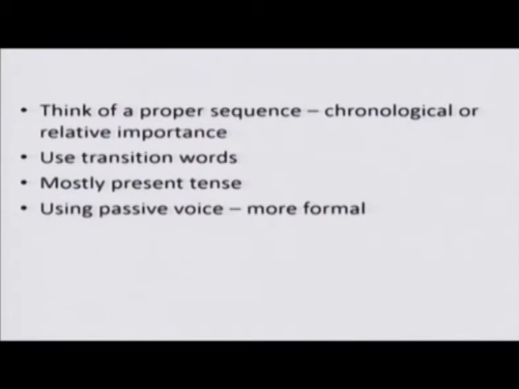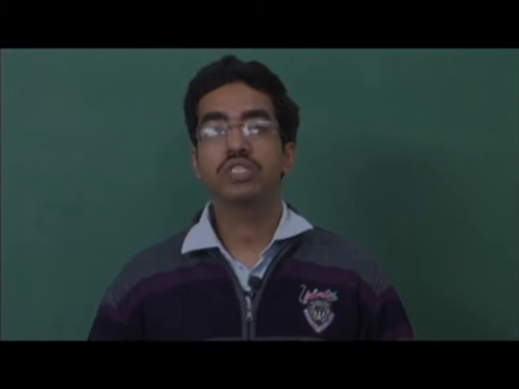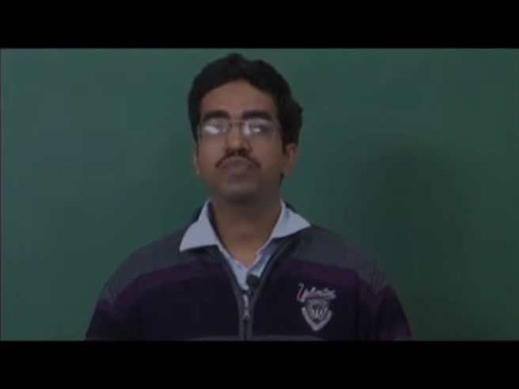Then think of a proper sequence. Are you going to follow chronological sequence or are you going to arrange points according to relative importance? Sometimes you have no choice, as in the case of removing bubble gum, it has to be in chronological fashion, and for a nuclear reactor, again it has to be chronological.